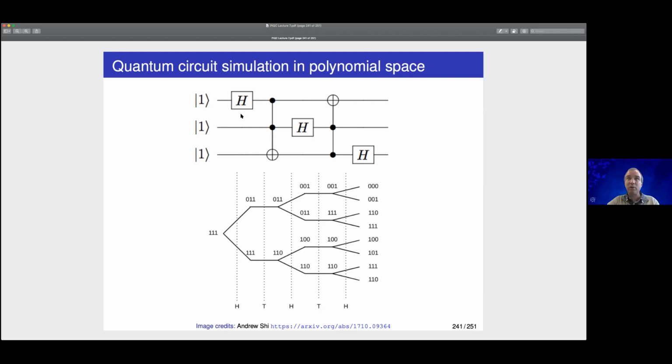For instance, when you have a Hadamard gate, then you have a superposition. And if you have a circuit like this one, the amount of branches that you have to follow begins to grow exponentially, okay? So the idea is that in order to use the state vector, you would need the amplitudes of all these different possibilities. If you cannot work with all those different possibilities, what you can do is to follow each of these branches one by one, okay?